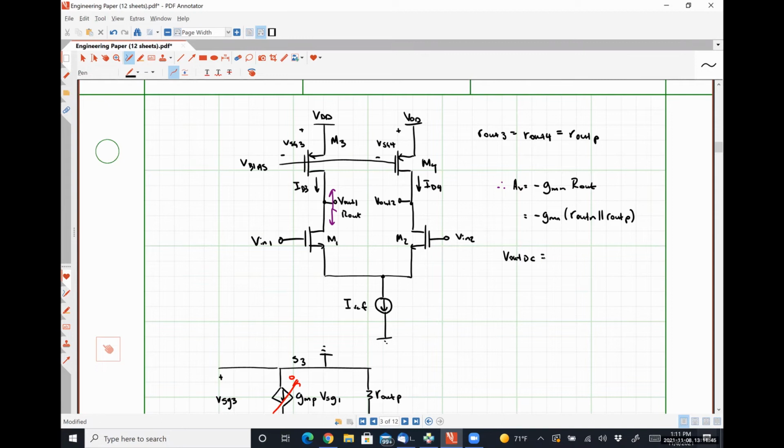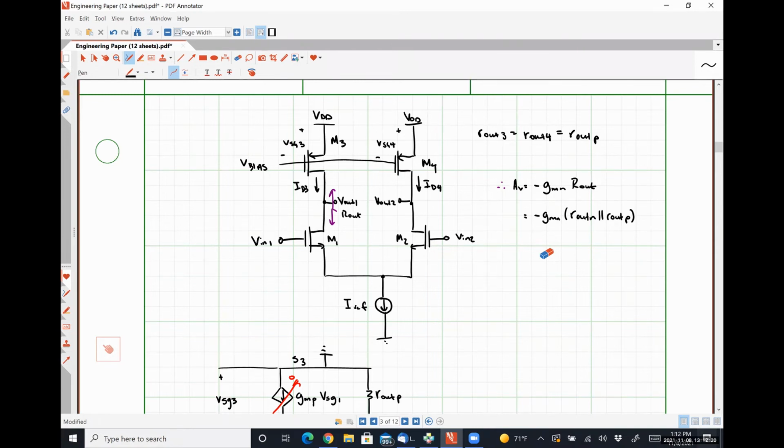Actually, I don't want to say it. I was about to say that it should be VDD minus VSG3, but that's not quite true, because there might be a drain source voltage in our PMOS transistors to accommodate the amount of current that's flowing through. So I'm going to erase that, and I'm just going to say we would expect this to give us a little bit more headroom to deal with, right?